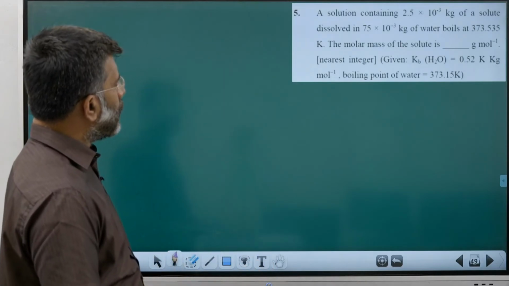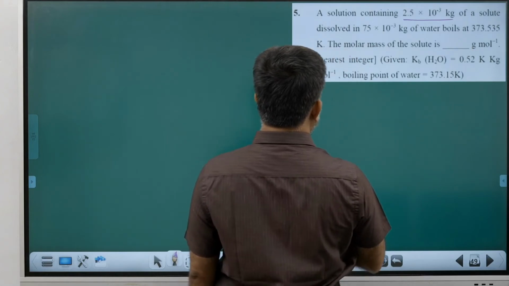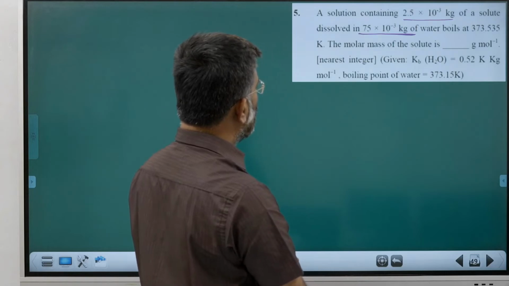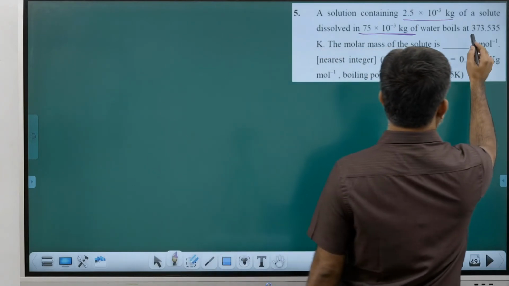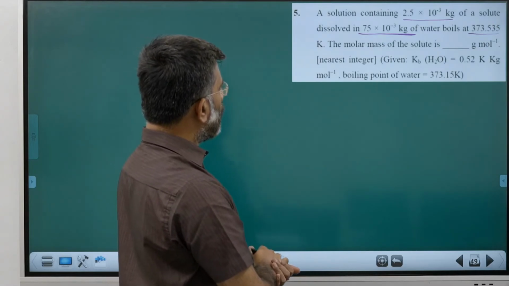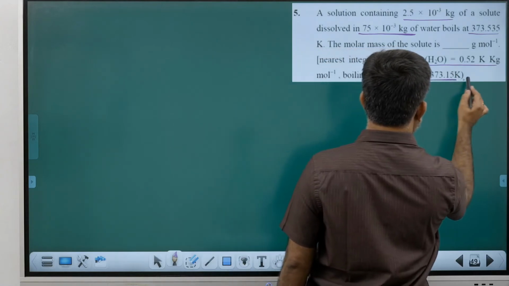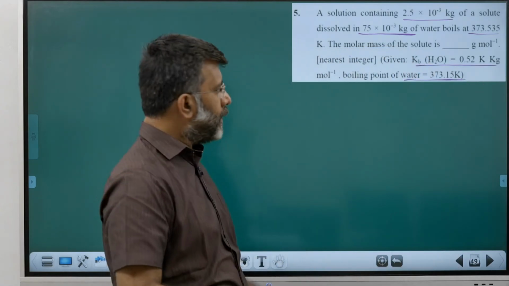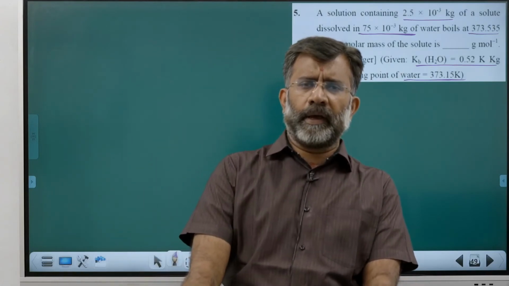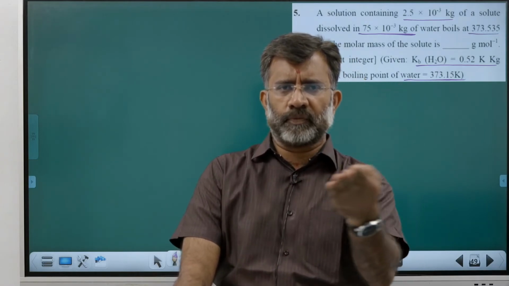A solution containing 2.5 into 10 power minus 3 kg of solute in 75 into 10 raised to minus 3 kg of water boiling at 373.535 Kelvin. Molar mass of the solute is, Kb given, and boiling point of water, remember it is not 373, it is 373.15. So all data available. Delta TB given, Kb given, mass of solute given, mass of solvent given.